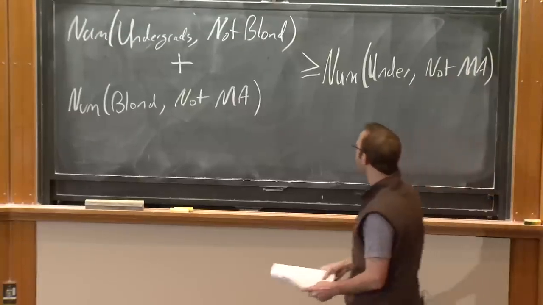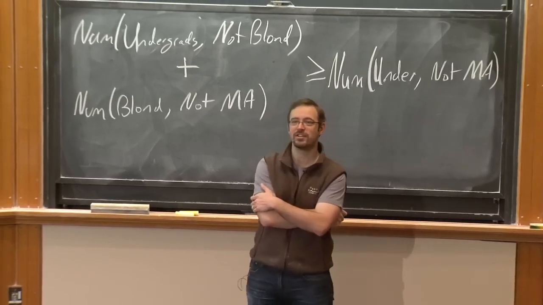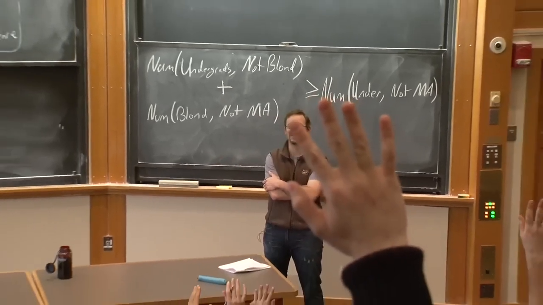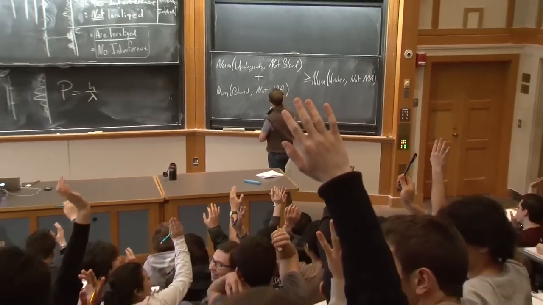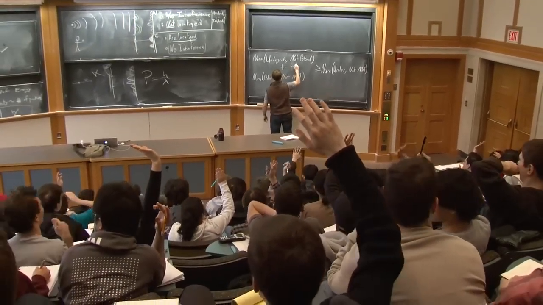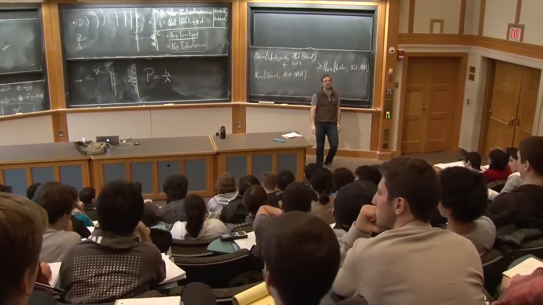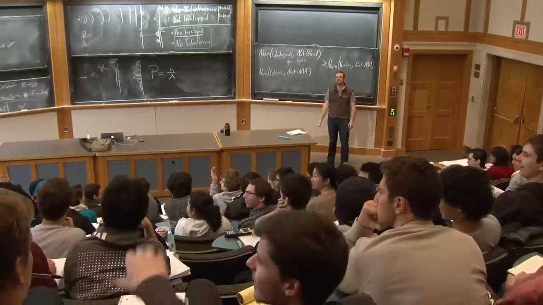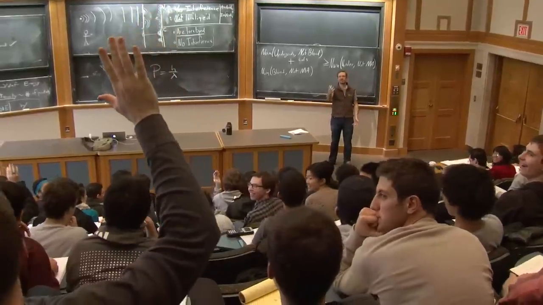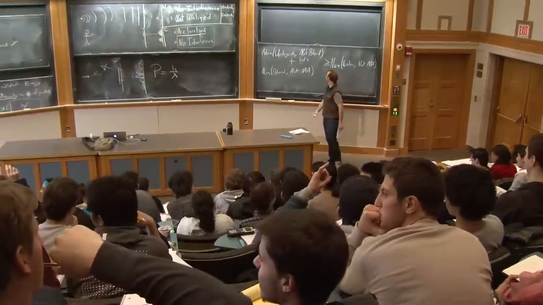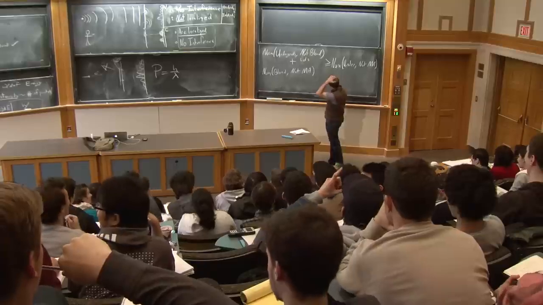So let's check. How many people are undergraduates who are not blonde? OK, this is going to, geez. OK, so lots. OK, how many people are blonde but not from Massachusetts? OK, a smattering. Oh God, this is actually going to be terrible.